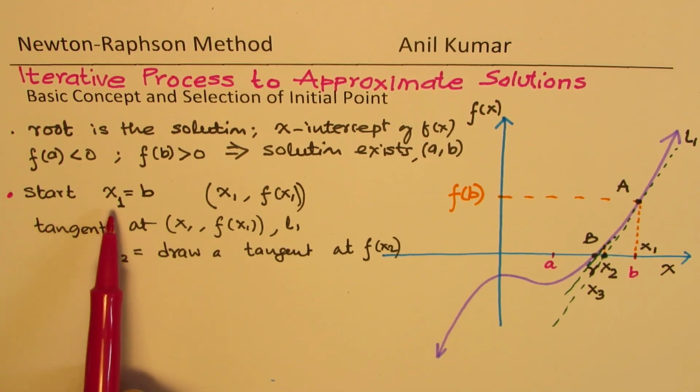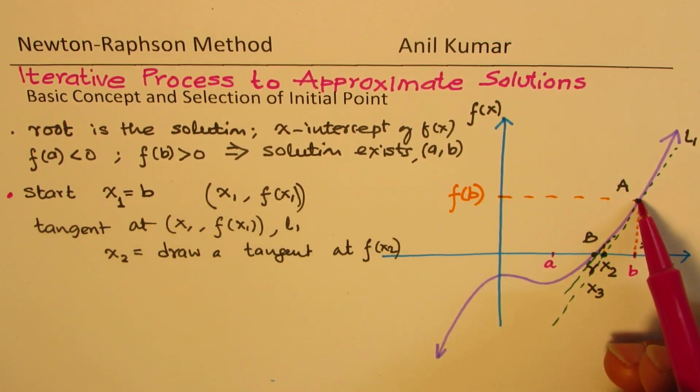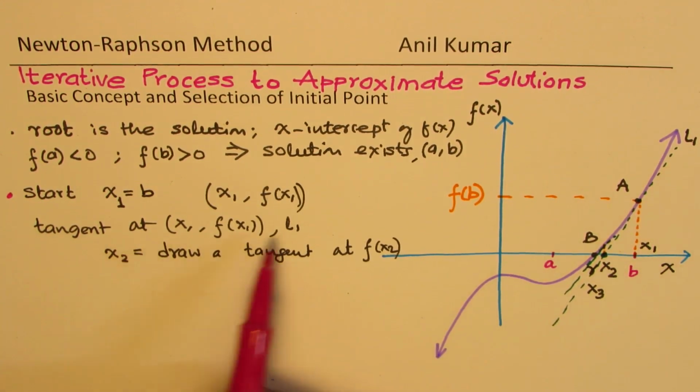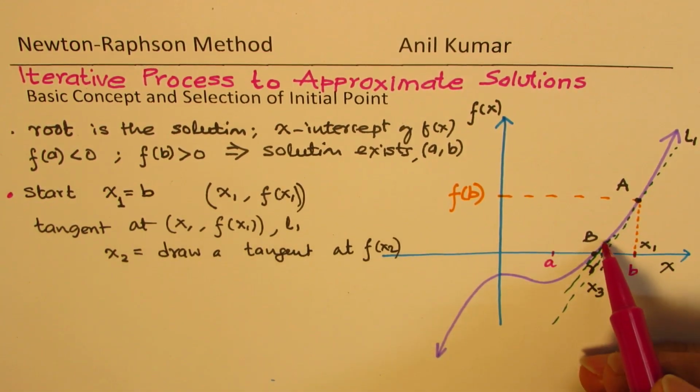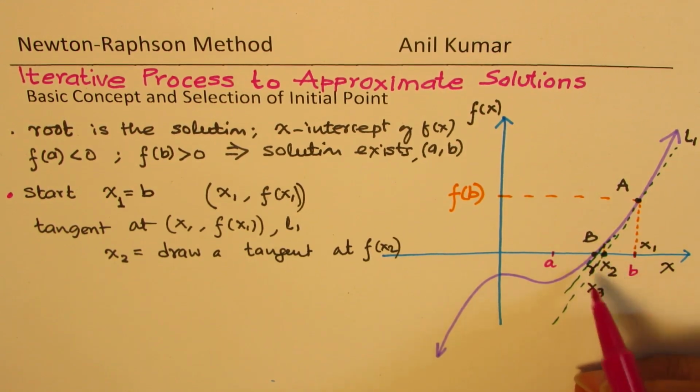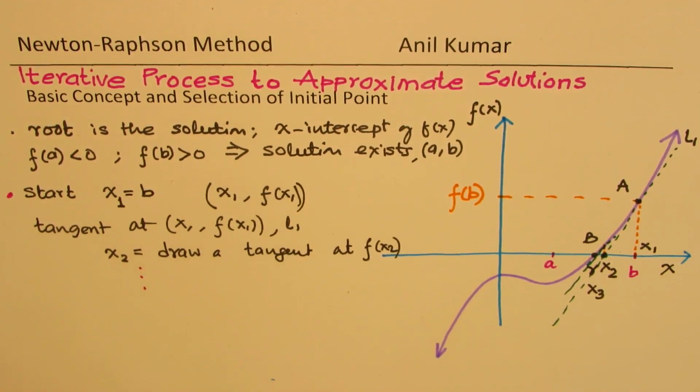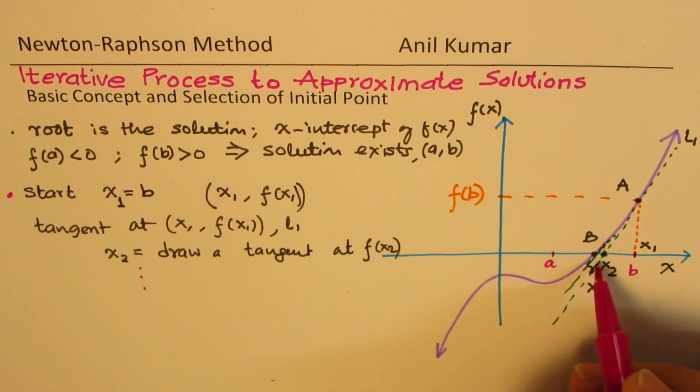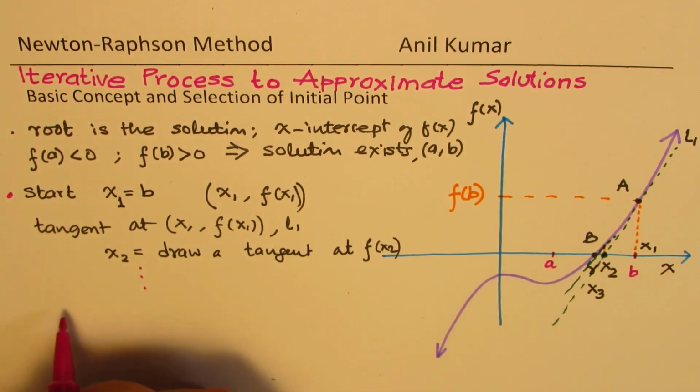Once you select a point, find the value of the function at that point, draw a tangent, find the x-intercept, again find the value of the function, draw a tangent, and repeat this process. Once you repeat this process, you will approach the root.